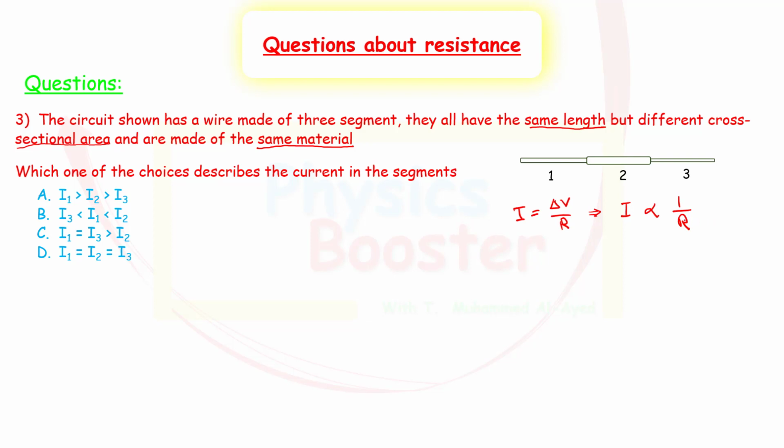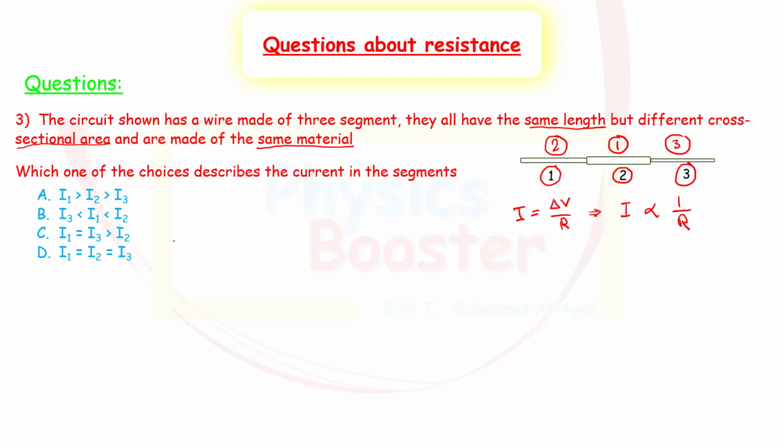We know that the relationship between the current and the resistance is inversely proportional. So we can say the following: 3 has the thinnest cross-sectional area, so it has the highest resistance. So 3 has the highest resistance. Then comes 1, which is clear. Then comes 2. Since 3 has the highest resistance, it will have the lowest current. So number 2 will have the highest current, then this will have the second highest current, and this will have the third highest current.